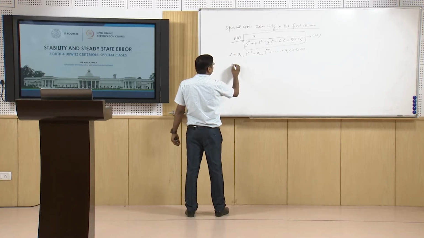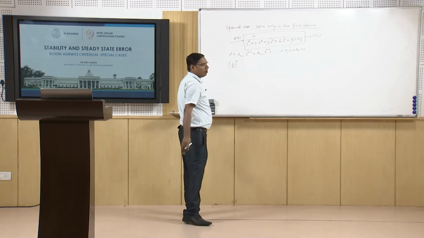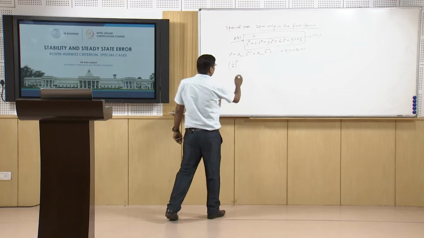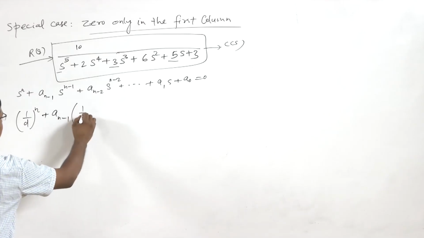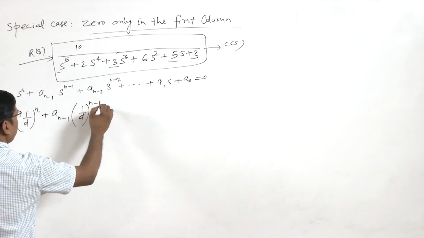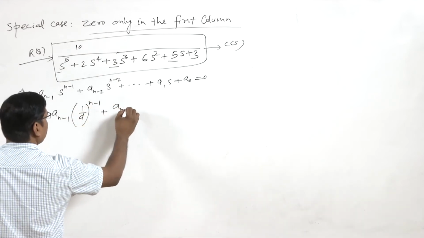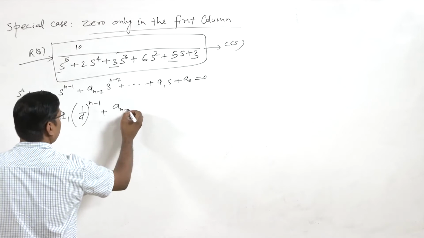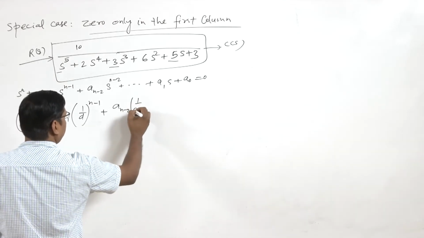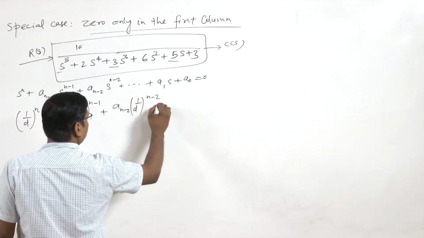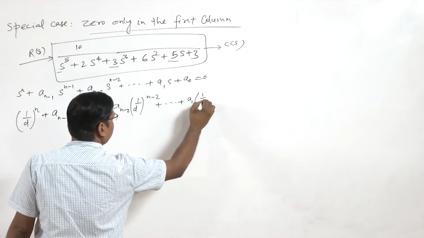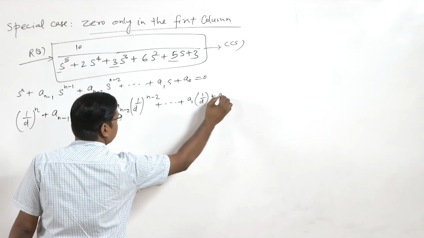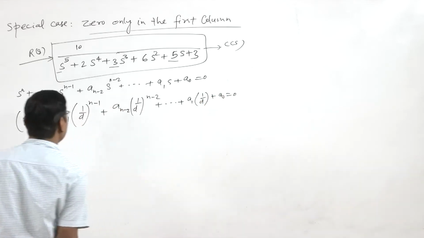So 1 by d power n, that is the reciprocal of s, plus a n minus 1 into 1 by d power n minus 1 plus a n minus 2 into 1 by d power n minus 2 plus a1 into 1 by d plus a0 equal to 0.